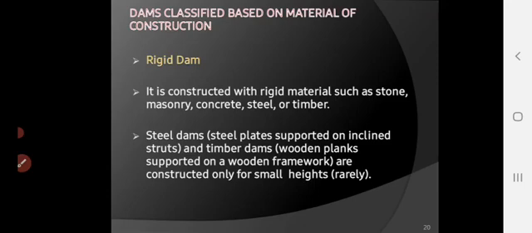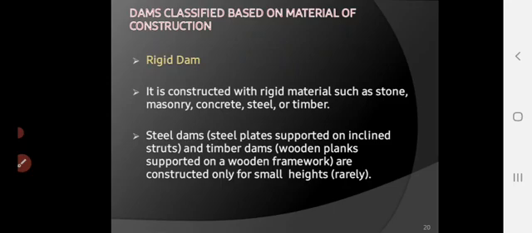Next, based on material of construction. This is an important classification of dams. Rigid dam is constructed with rigid material. Rigid means solid material like stone, masonry, concrete, steel, timber.